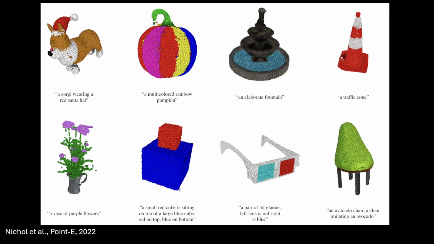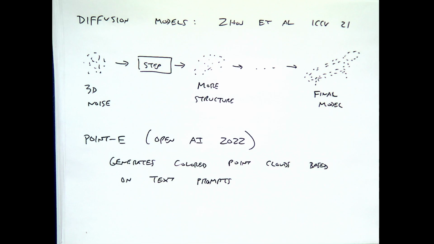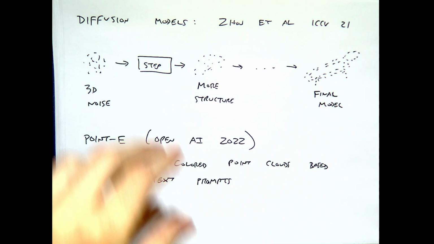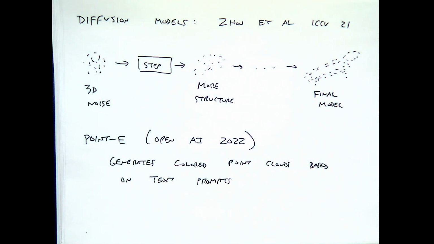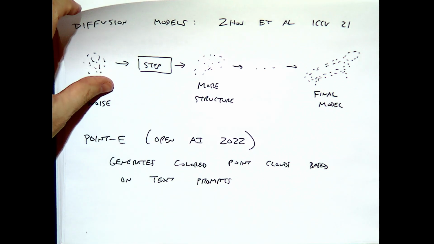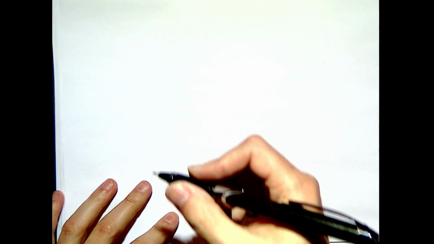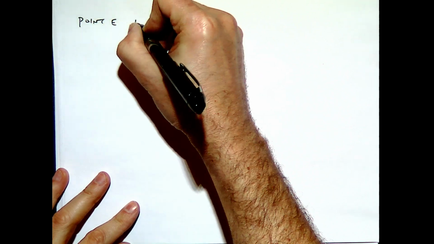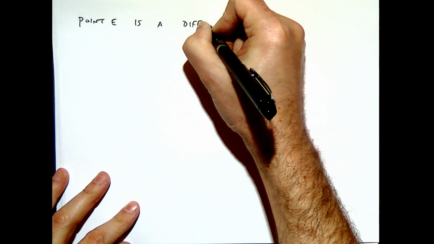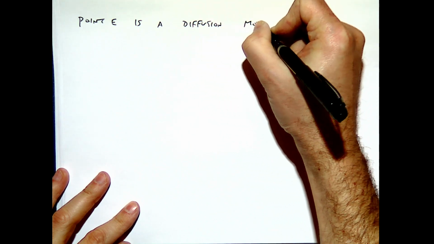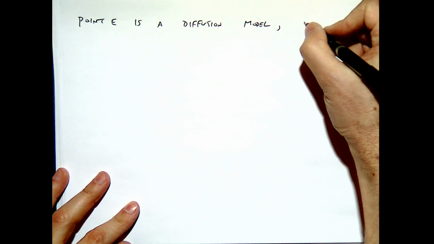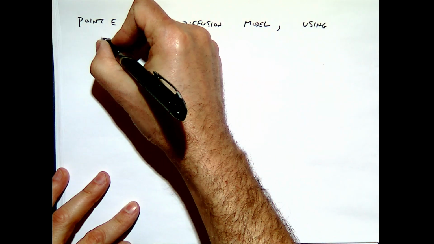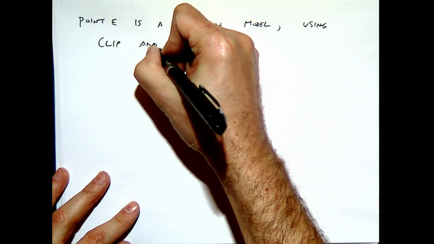So the idea is that we're going to use something like CLIP, basically, using 2D pictures of the point cloud to mediate creating our result. So PointE is a diffusion model using CLIP and GLIDE.